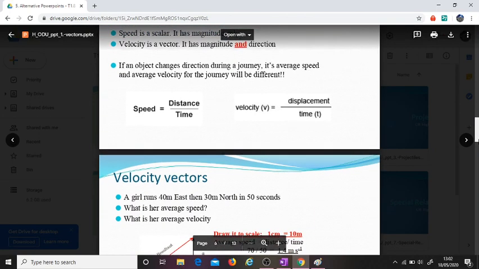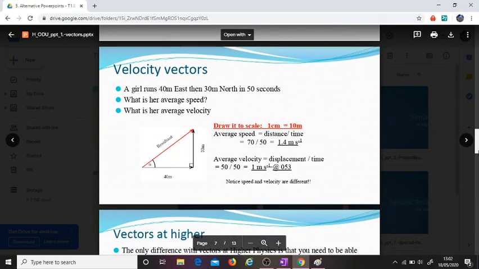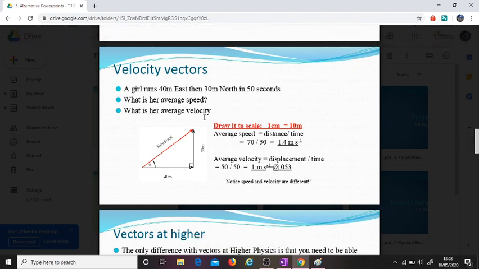So if you then come back to the same problem, we've got that the girl runs 40 metres east and 30 metres north. She does this in 50 seconds. So what is her average speed and what is her average velocity? To work out speed, we use distance over time. Now the distance that she's travelled, although from point A to point B directly it's 50 metres, in fact she's actually doing 40 metres and then 30.